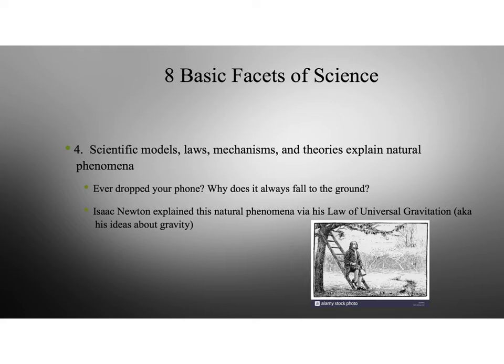Because the Earth is so massive, it's going to have a very, very strong attraction to objects that are very close to it, aka us and the things that we've made on this world, like cell phones. That is why the cell phone is always attracted to the ground, and if you're not careful enough, it will shatter. Dun, dun, dun.